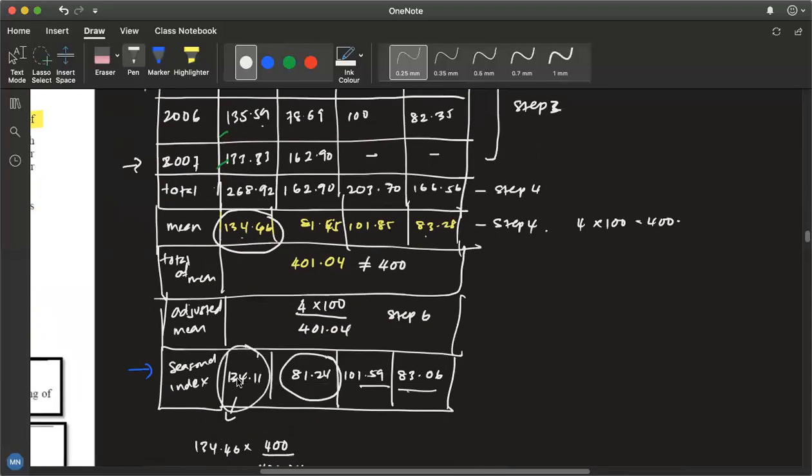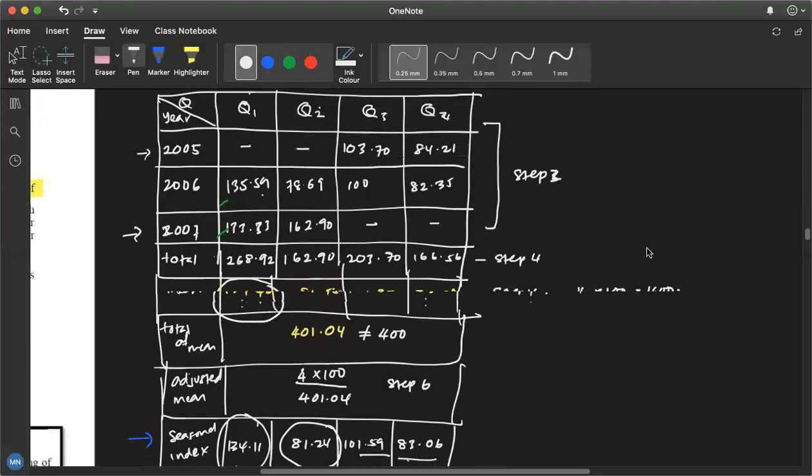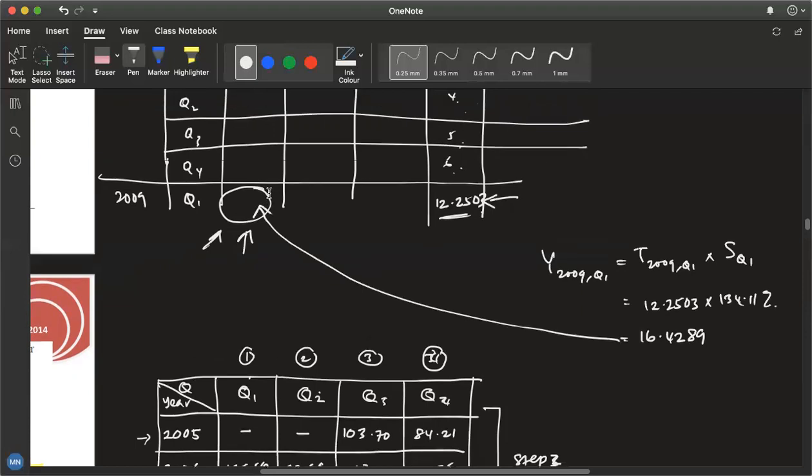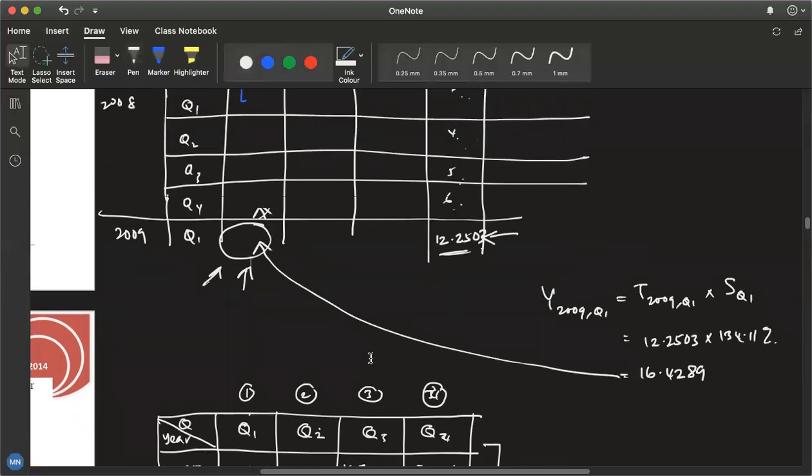So 12.2503 multiplied by the seasonal index for quarter number 1, which is 134.11 percent. This should be 16.4289. So this is the forecast value of sales for quarter number 1, 2009.